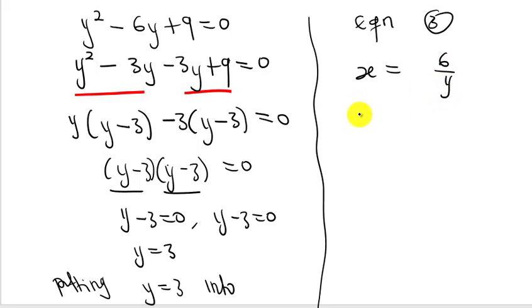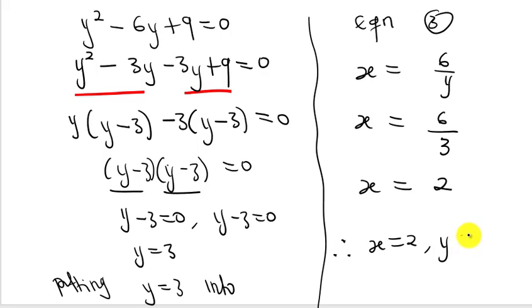Therefore, x is equal to 6 over 3. Therefore, our x is equal to 2. And x is equal to 2 and y is equal to 3. So this brings us to the end of question 9 of the elective maths paper of the WASSCE 2020.